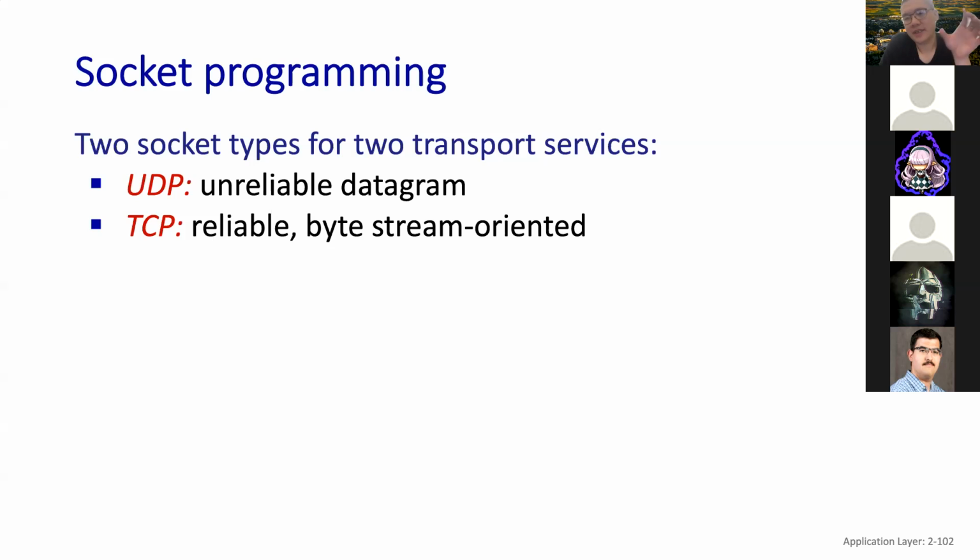For email or text download, definitely you want to use TCP. But for video, for streaming or conference, maybe you can use UDP. So different applications can use different protocols, I mean, with different socket programming types.